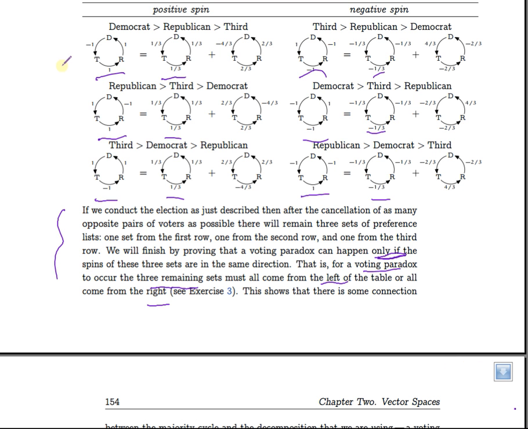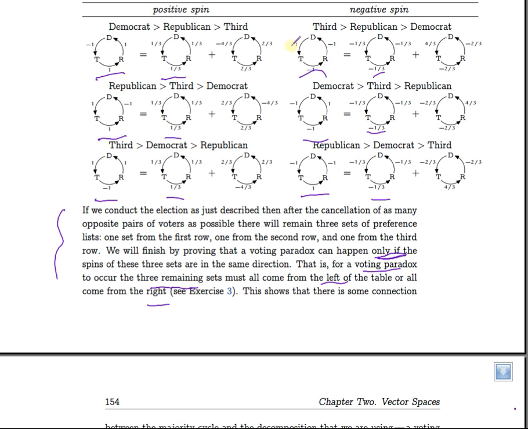If you have an election, you'll have a certain number of people with this first preference ranking, a certain number with the second, the third, the fourth, fifth, and sixth. To add up the results, you add up the results of this minus this. You can see that these 2 vectors actually cancel each other.